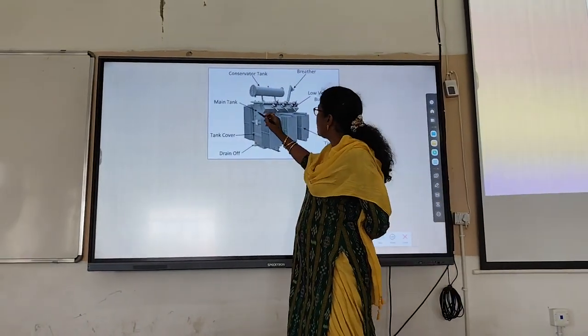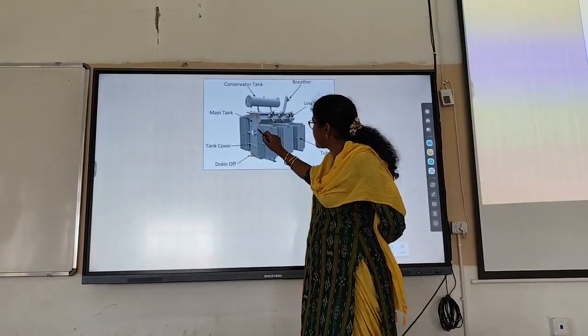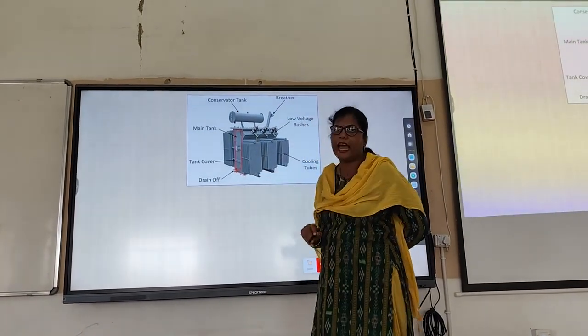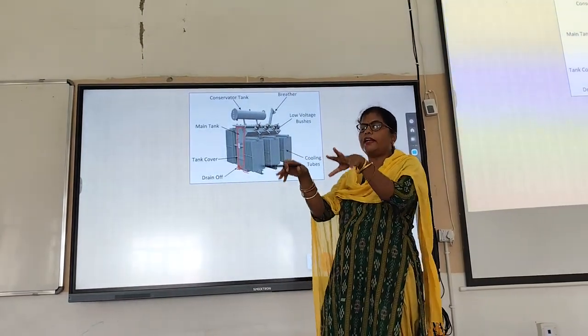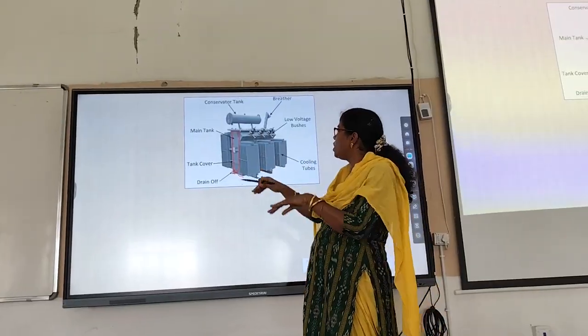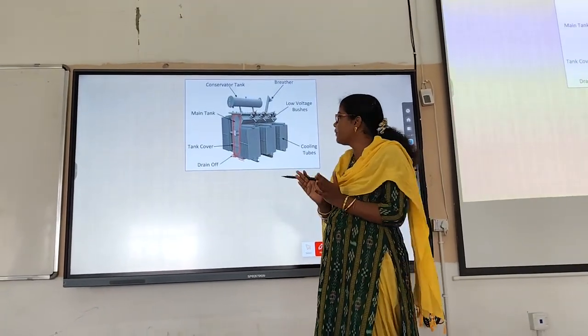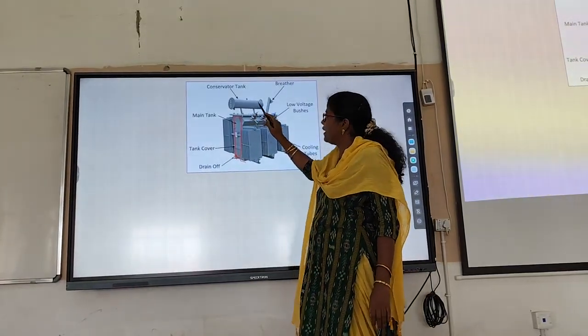This one is the main tank, where all the windings, the two windings or the three windings, are placed inside. Then this one is your conservator.